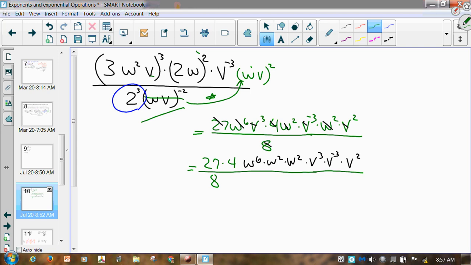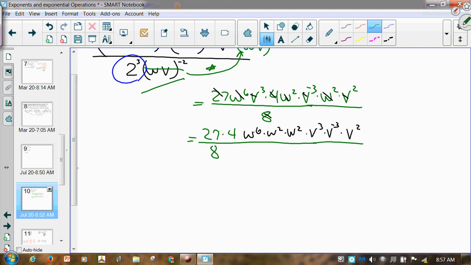Let me scroll down a little bit, give us a little more room. We've got 27 times 4, but divided by 8. So this 4 goes into 4 once, goes into 8 twice. So I've got 27, and the only thing I'm going to have underneath is the 2, right? 27 over 2. Okay, then we've got w to the 6 plus w squared, or plus the exponent.